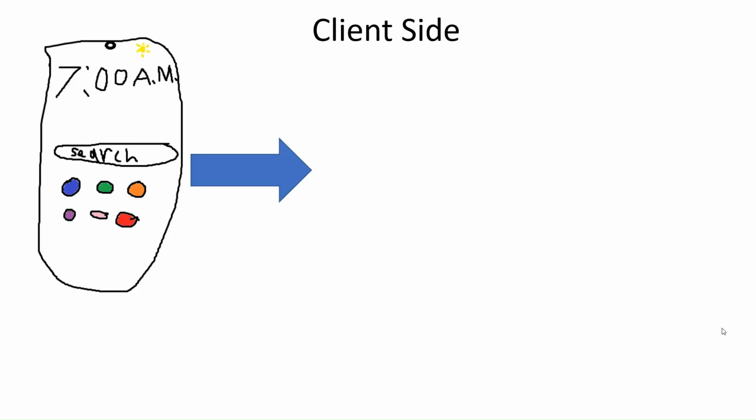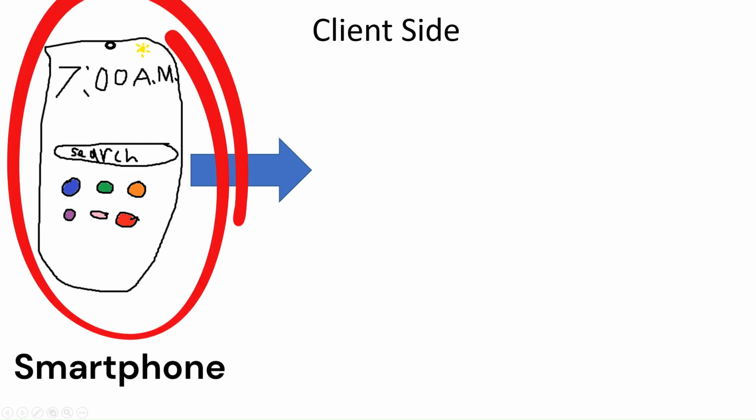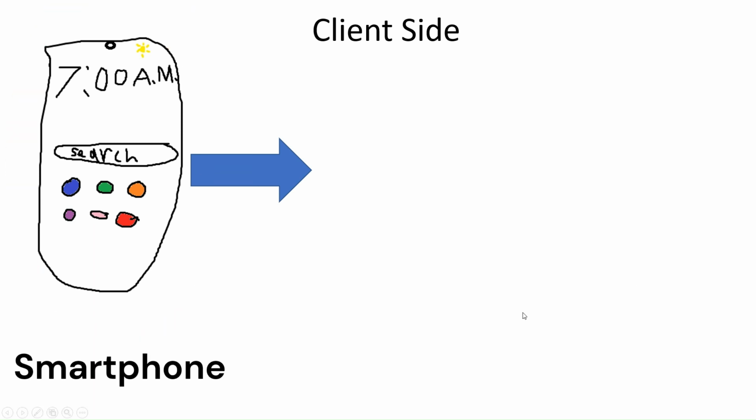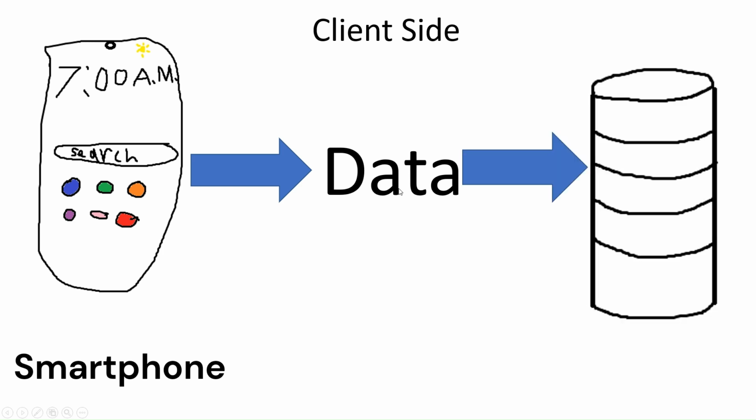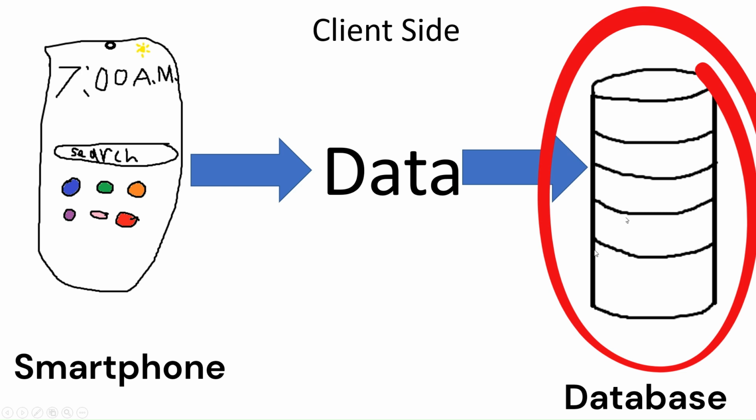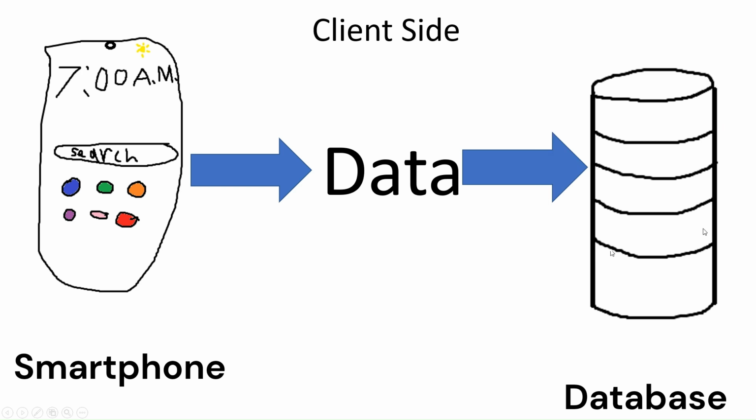So we have our smartphone here. And again, this is just to illustrate what's going on. The smartphone's putting together the data from the order. The order data is going to go into our database. And if you stay in the software engineering or programming space long enough, you'll probably see pictures like this in occasional places.